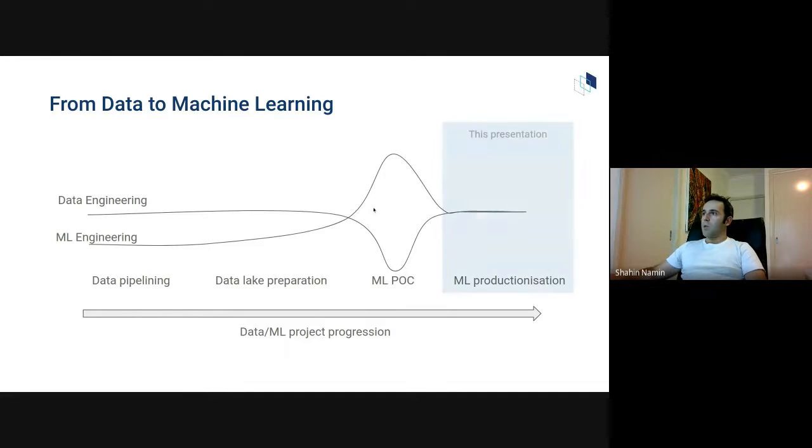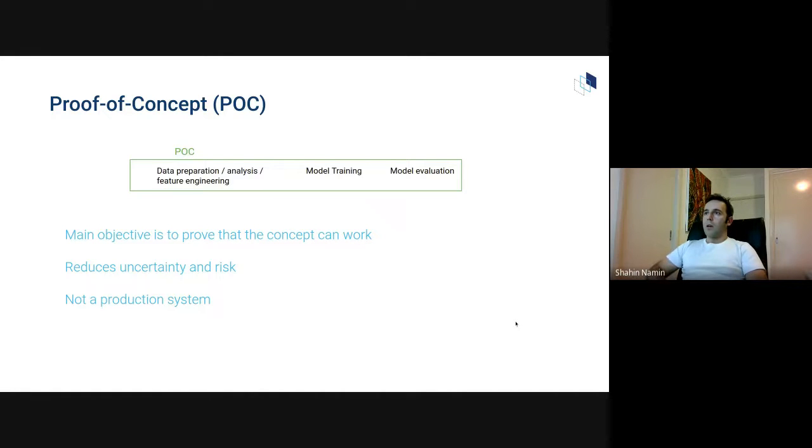So this talk mostly talks about the right-hand side of this journey. And this is the least spoken part in this journey. You can find lots of talks that talk about experimentation and machine learning proof of concept or data lake preparation and so on and so forth. So we are addressing the right-hand side of this spectrum with this talk.